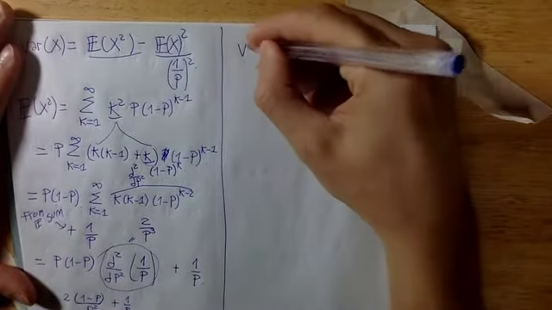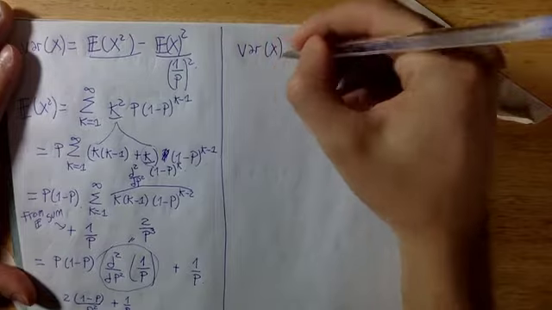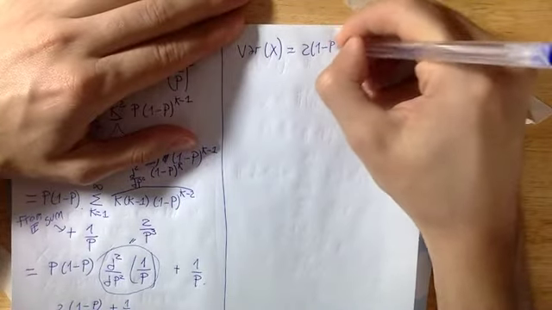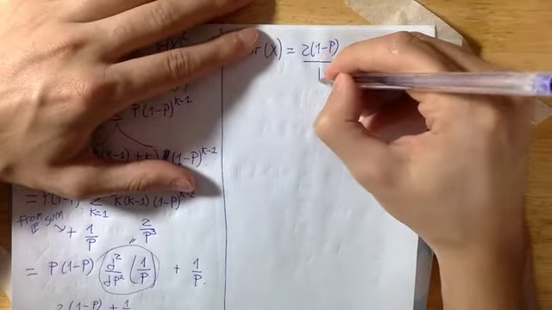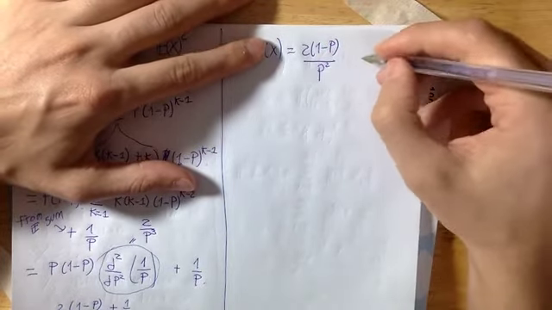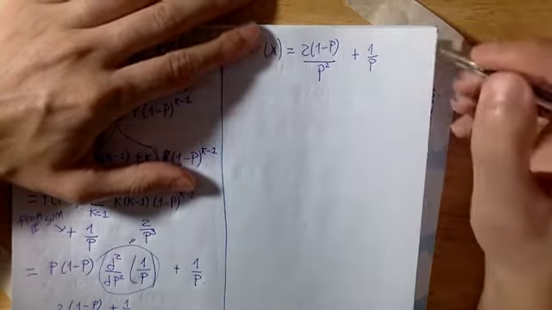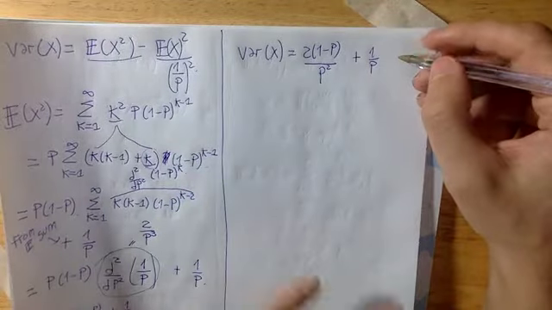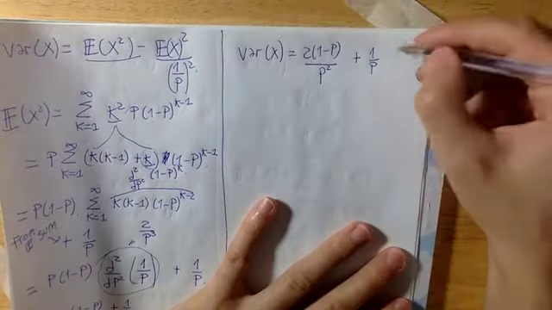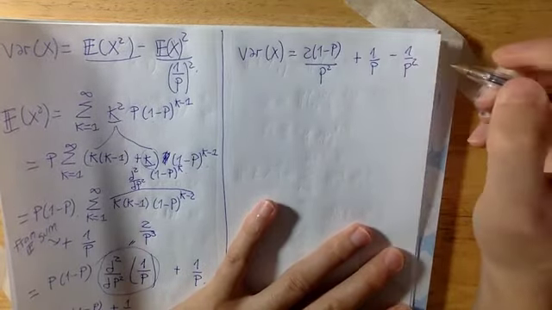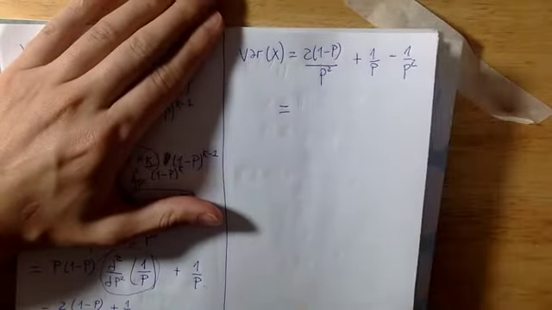So the variance of x is equal to 2 times (1 minus p) over p squared plus 1 over p minus 1 over p squared. Okay, so let's try to put this all in the same denominator.